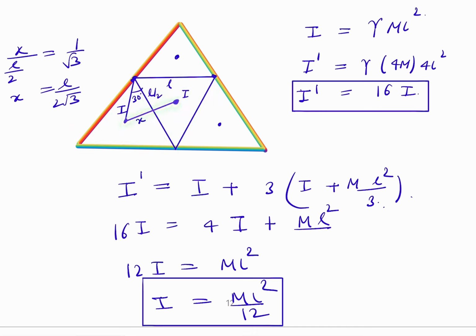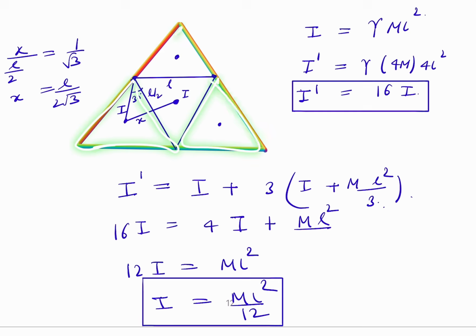Okay, now one more point here. The moment of inertia of this triangle about its centroid is I, so this triangle about its centroid would also be I, because obviously it's an equilateral triangle, about the centroid perpendicular, so it would remain I. So I dash I am going to write again for the total. It would become I, that is the center one, plus how many triangles are there? 3 triangles.